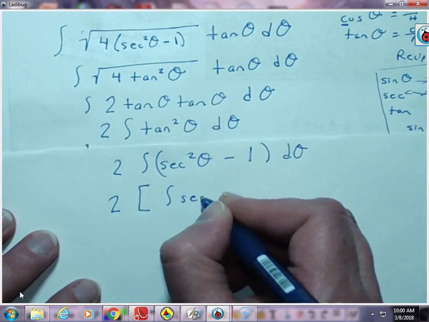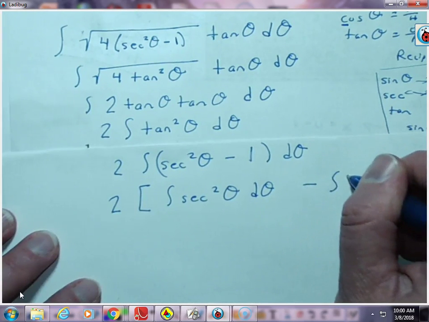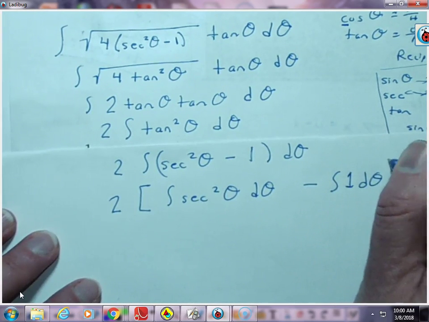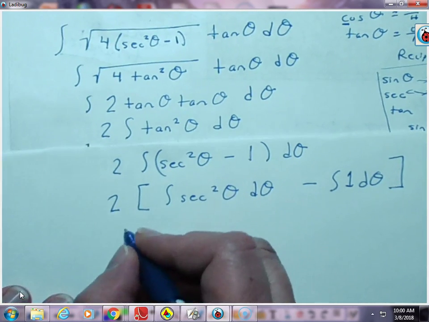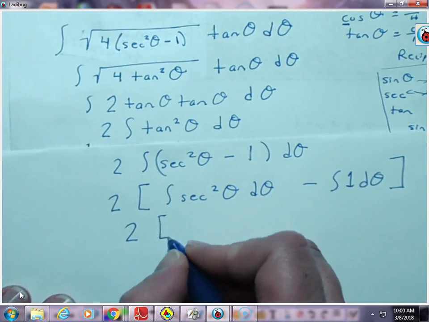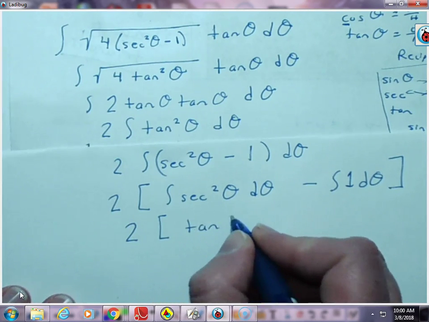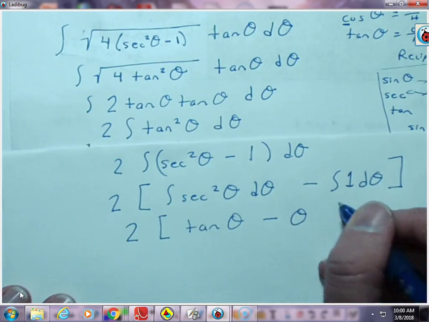So I'm going to do the integral of secant squared minus the integral of 1. Okay, and when we integrate secant squared, we get tangent theta minus theta.